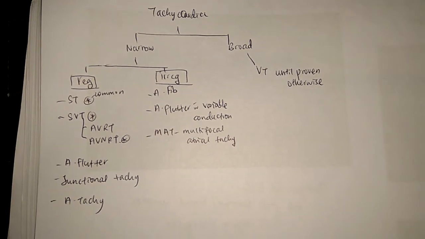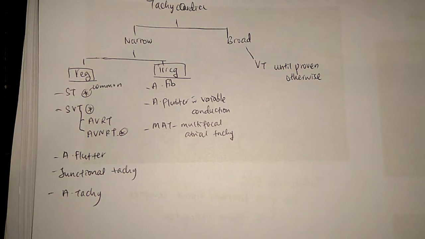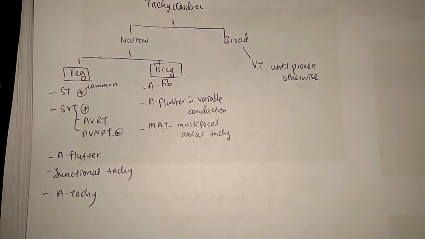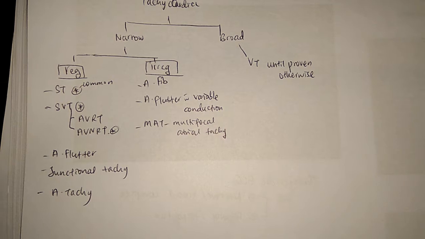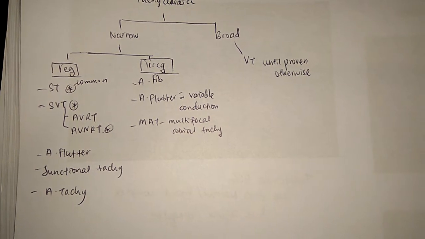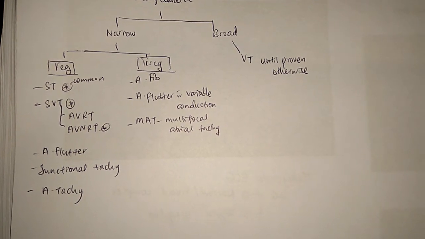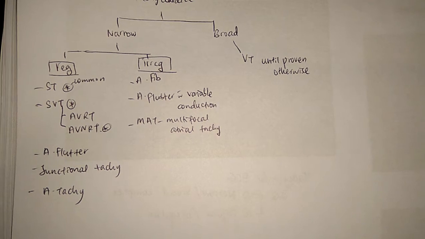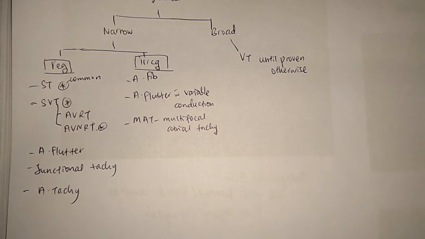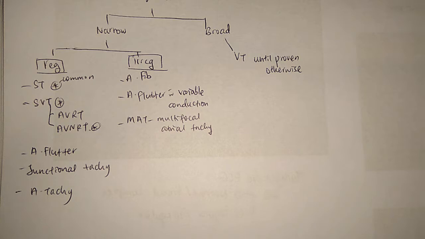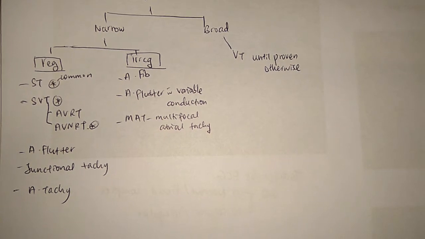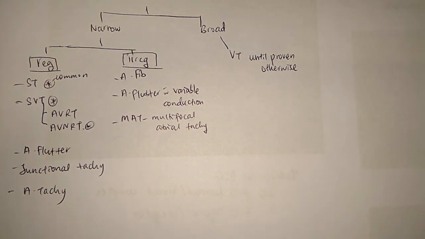For narrow regular QRS, most commonly caused by sinus tachycardia and supraventricular tachycardia, also atrial flutter. For irregular narrow QRS complex, usually caused by atrial fibrillation.